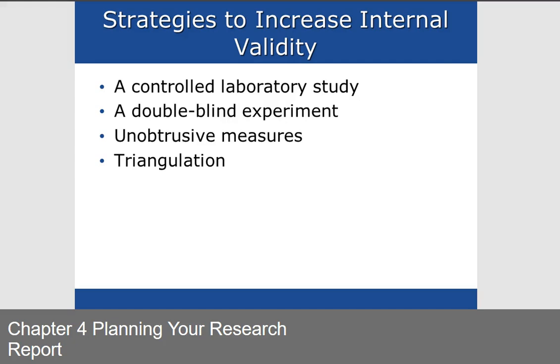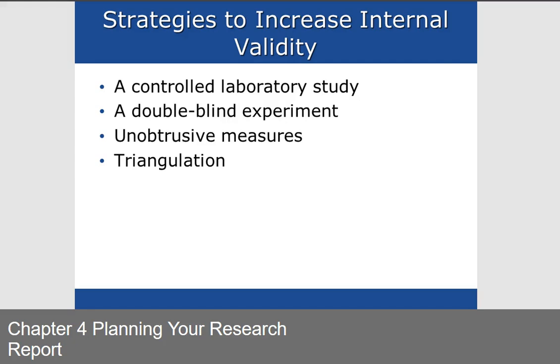That's a double-blind. Unobtrusive measures, where you're not actually interacting with the people, so you're doing it in an unobtrusive way, and that way it is a more accurate illustration. They don't know that they're being recorded, and you're more likely to have higher accuracy of your results.